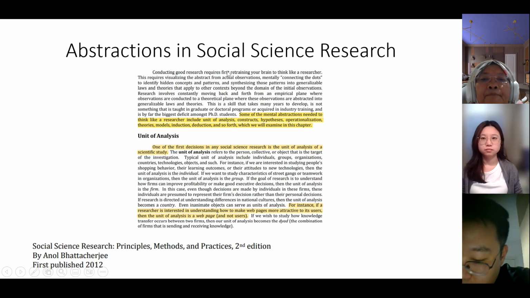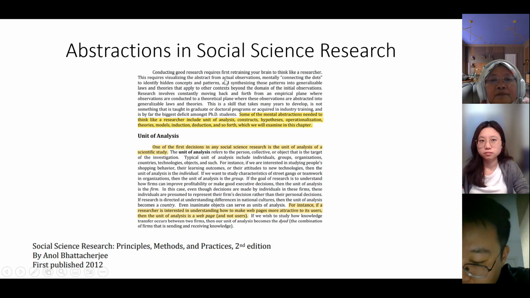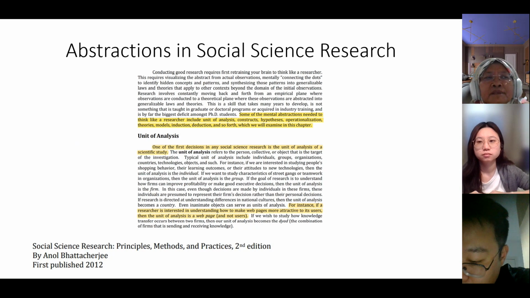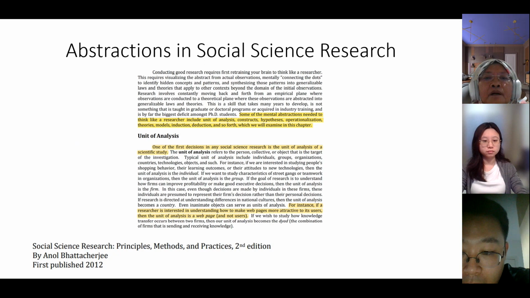Meaning that what you are actually studying is the behavior of people, right? You're in behavior science, and you study people and their relationship with other people and with themselves when they are learning, let's say.